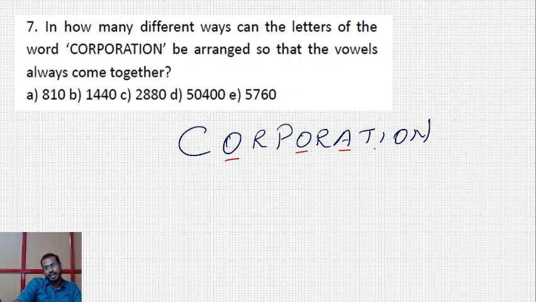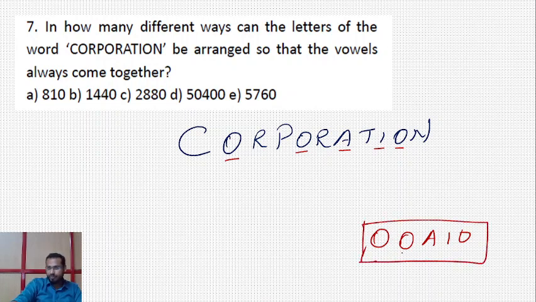O, O, A, I, O. So they should always be together. So how many consonants are there? Apart from vowels, consonants are 1, 2, 3, 4, 5 and 6, plus this one word. I make this as 1 letter. So 6 plus 1, 7.